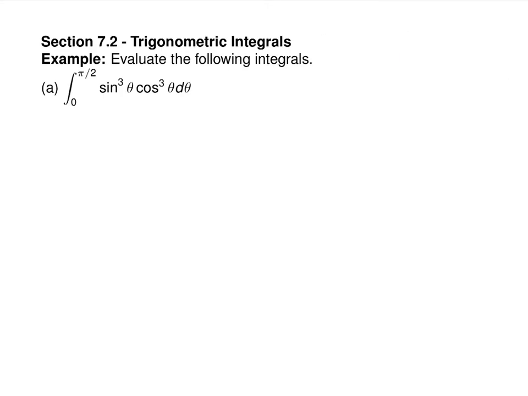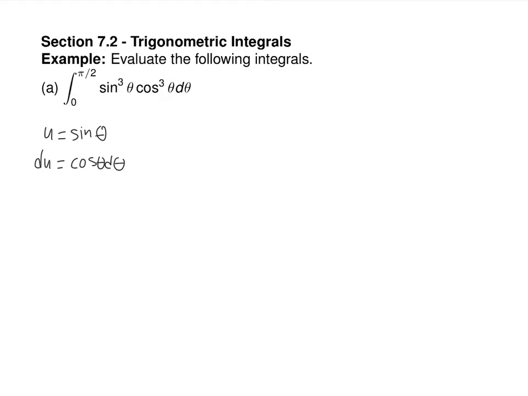Now this integral could be found by either letting u equal sine of theta or u equaling cosine theta. Both will work. But sine has a positive derivative, so I'm going to choose that one because I think it's a little bit easier. So if we decide to let u equal sine theta, let's figure out what we have to save. du is cosine theta d theta.